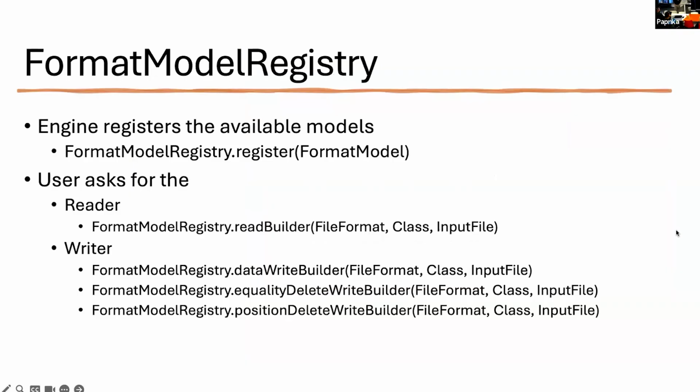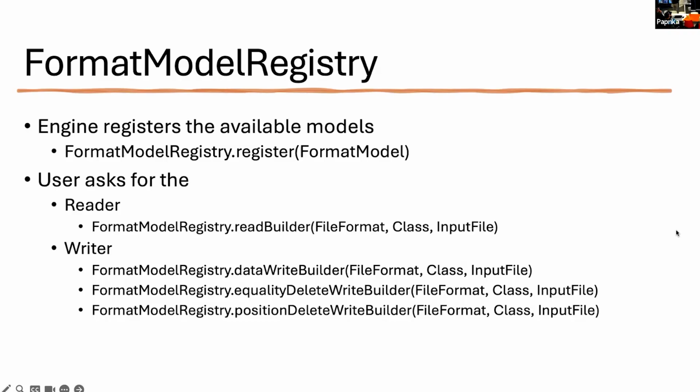This is the central component. In this format model registry, you can register your format model, and users could access this registry. By providing that this is the file format which I'm reading, this is the input type, this is the output type of the class which I would like to get, and this is the input file which I'm reading, please provide me the reader.